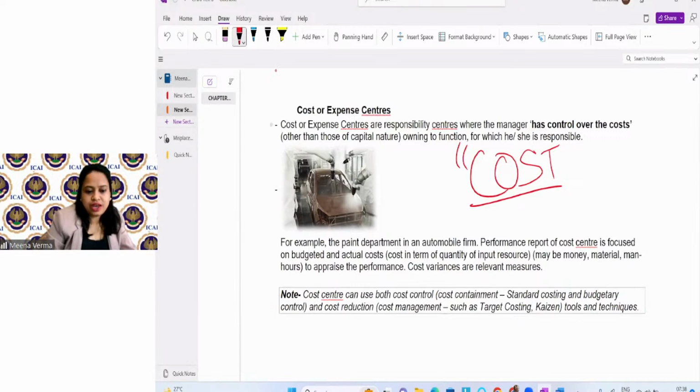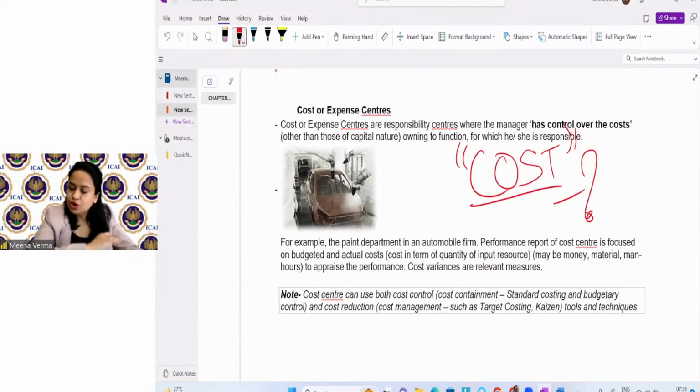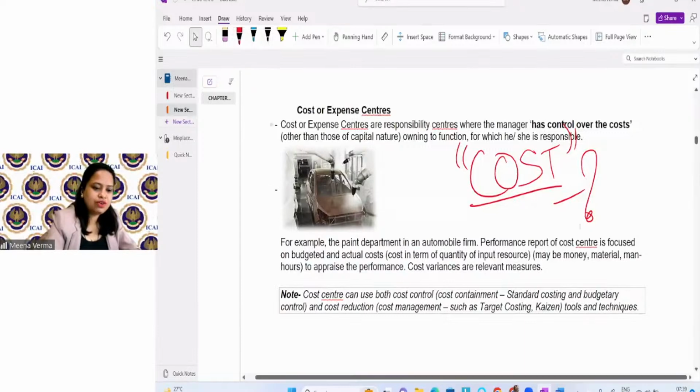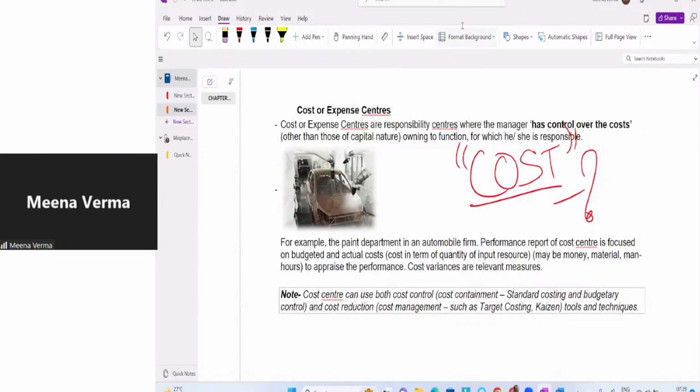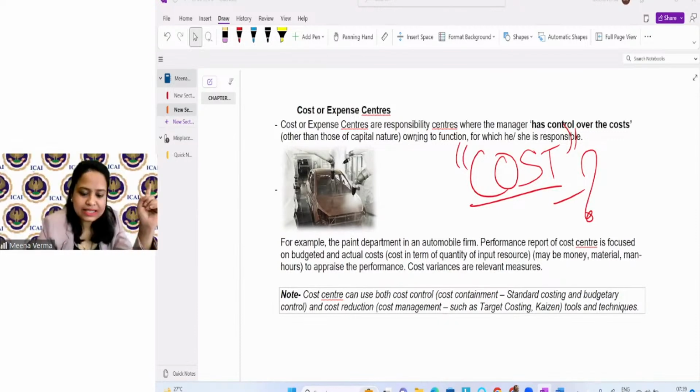Can you think of anywhere in the organization where you just incur cost? Give me an example. Any department where you are just incurring the cost, no profit, no investment, no sale. Tell me the example where we only incur the cost.